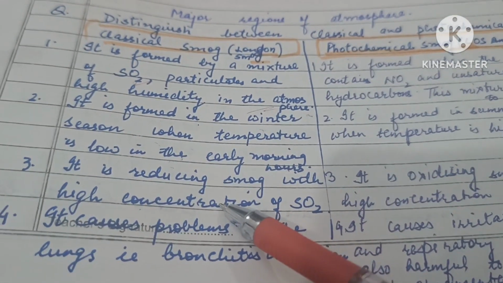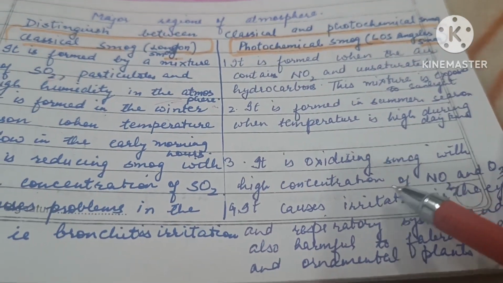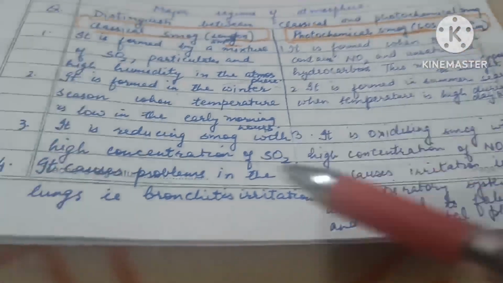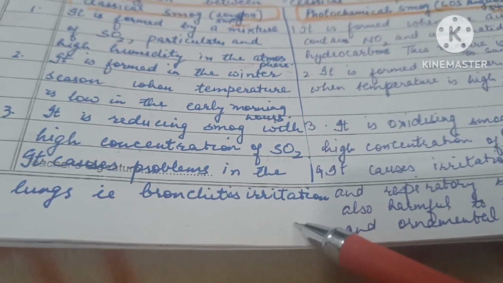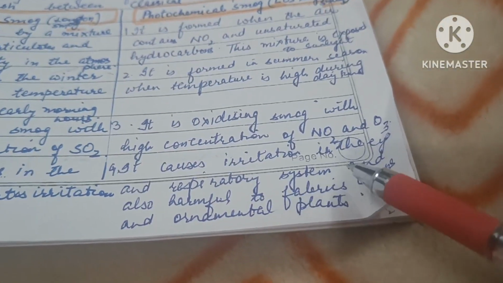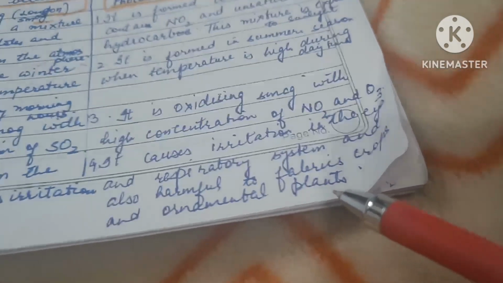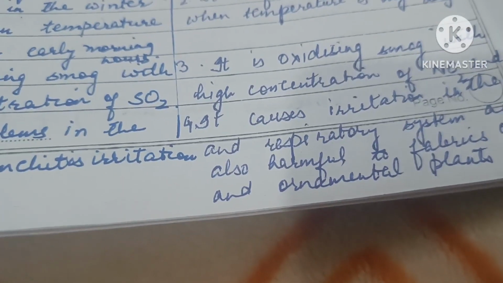Classical smog is reducing smog with high concentration of SO2. Photochemical smog is oxidizing smog with high concentration of nitrogen oxides and ozone. Classical smog causes problems in the lungs, that is bronchitis, irritation. Photochemical smog causes irritation in the eyes and respiratory system and is also harmful to fabrics, crops, and ornamental plants.